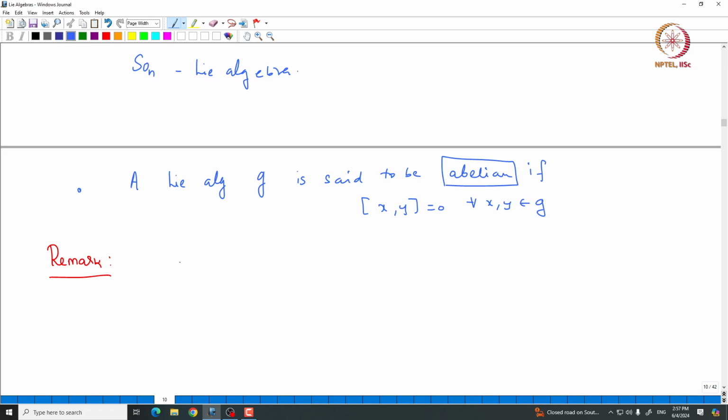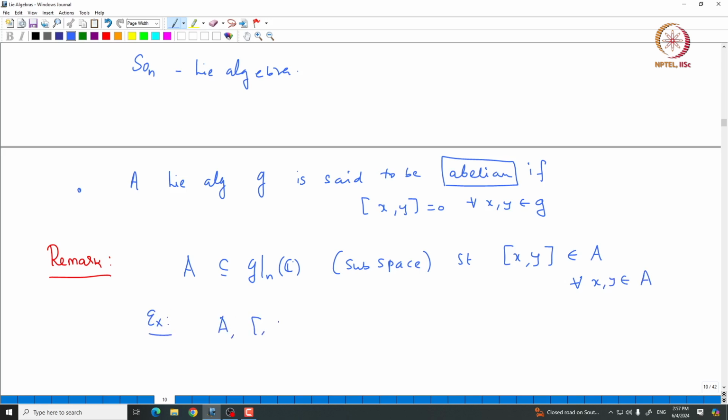So, if we take A, a subspace of GL_N, such that the bracket [X,Y] is in A for all X, Y in A, then I will leave it as an exercise. One can check that A with respect to the restricted commutator bracket is indeed a Lie algebra.